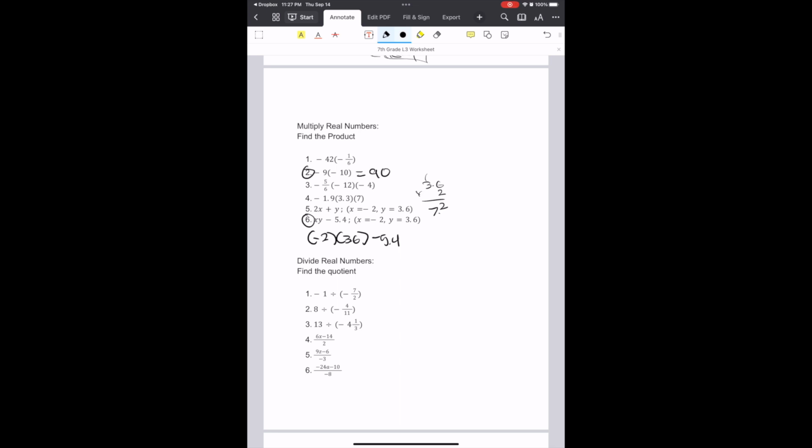Move the decimal, and then add the negative. So you get negative 7.2 minus 5.4, which is equal to negative 12.6.